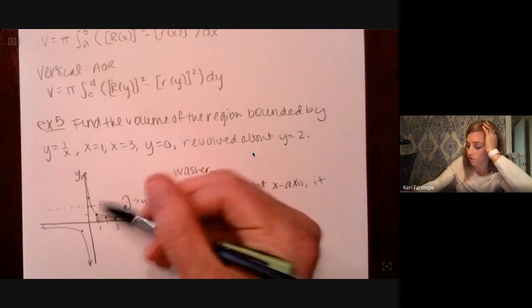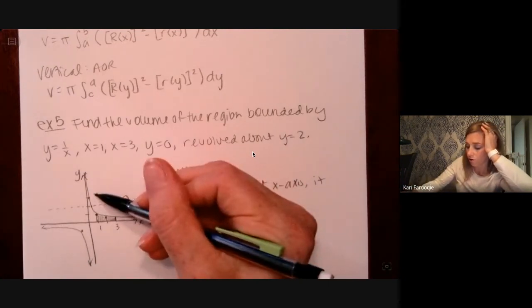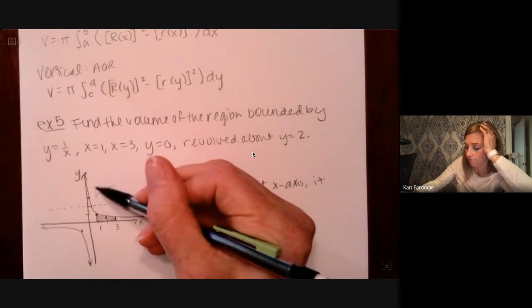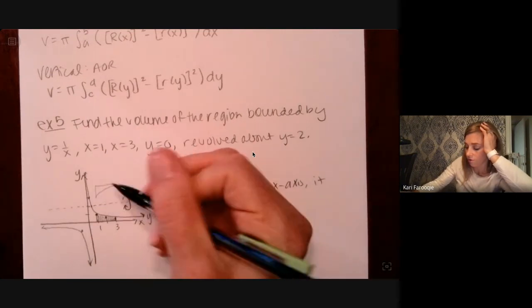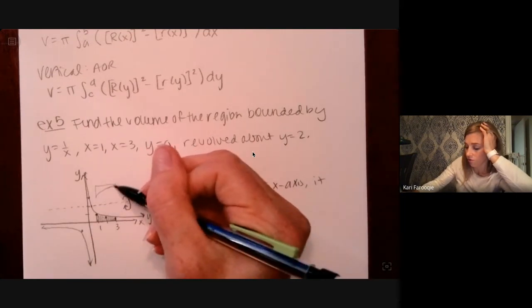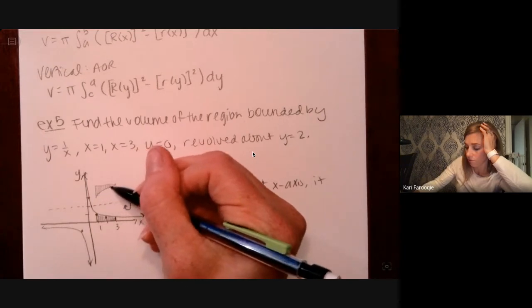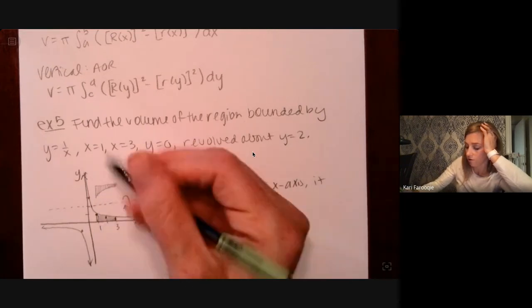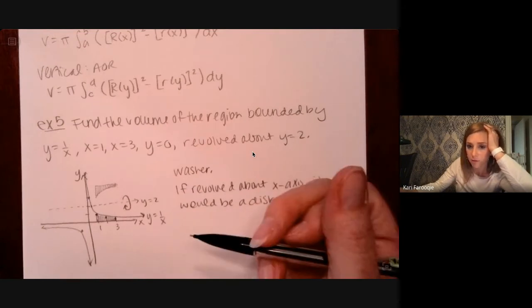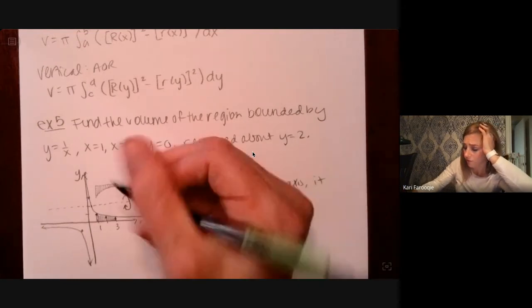So we're going to revolve this about the line y equals 2, and it's going to create this identical figure above it. It's going to look kind of like that as it goes around and around. Now, from the side, of course, this would just look like a rectangle.